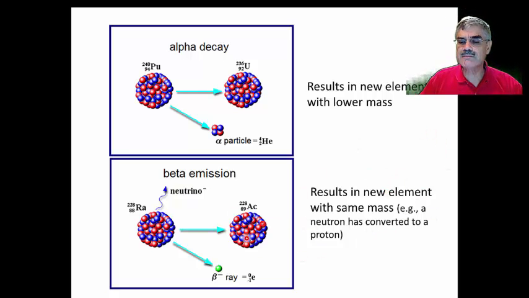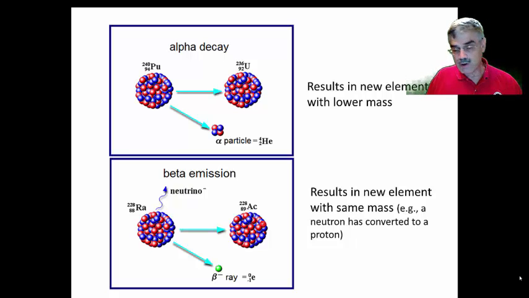The result of beta emission will also be a new element. It will have the same mass. Notice that the masses are the same, 228 in each case, but a different atomic number. Instead of being 88 radium, it is now 89 actinium. So in each case, when we have a nuclear decay reaction, we form a different element.